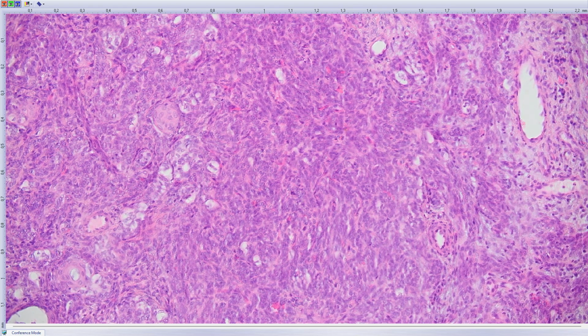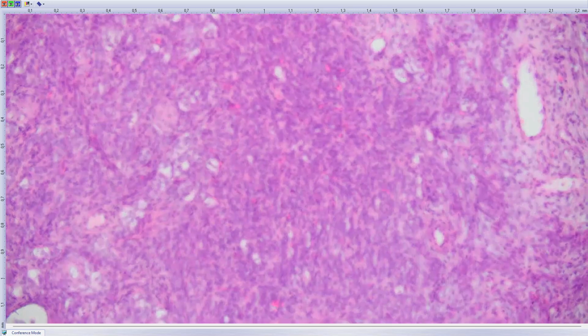But what we found is that all of these cases are immunohistochemically retinoblastoma 1 protein deleted. Yeah? It is a hallmark of it. We didn't find genetic mutation of the retinoblastoma gene, but it may be caused by some epigenetic mechanism.